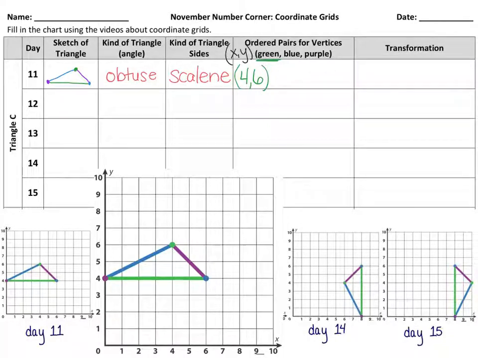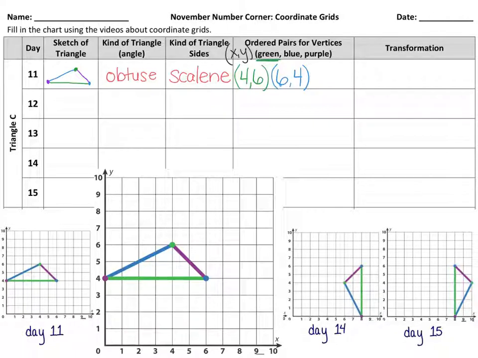Now the blue point. Go down to the x-axis, 6. Over to the y-axis, 4. So our ordered pair is 6, 4.